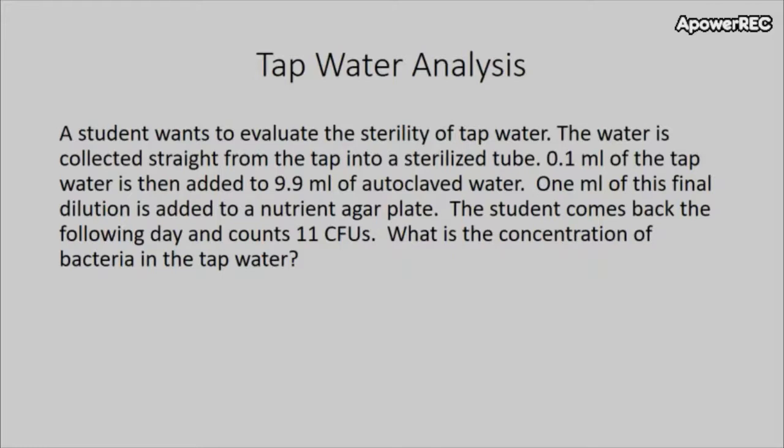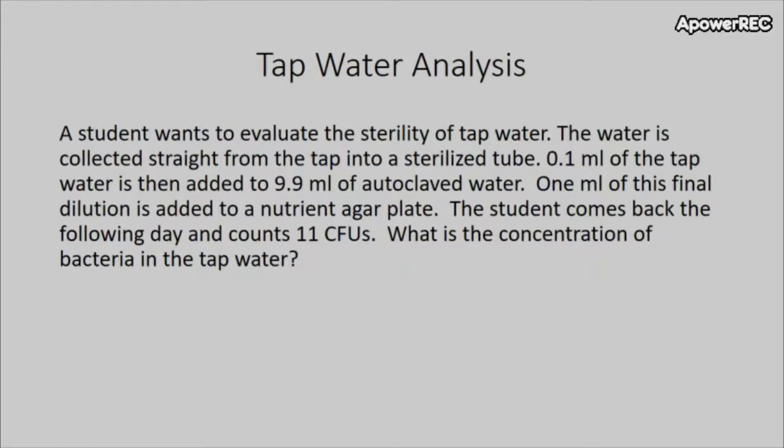And instead of 0.1 mils being plated, as seen in the bottled water analysis, a whole milliliter is plated. Your question is, if you come back the next day and you were to count 11 CFUs, what was the concentration in the tap water?